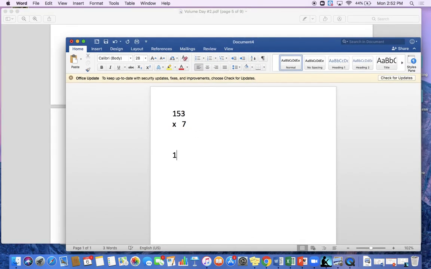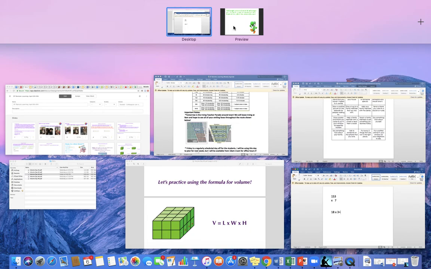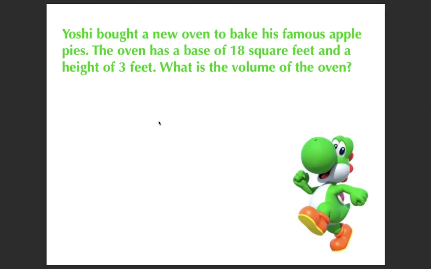Our base was 18 and our height was 3 feet. So you're going to do 18 times 3. Go ahead and take a minute to solve that. All right, if you need more time, go ahead and pause.